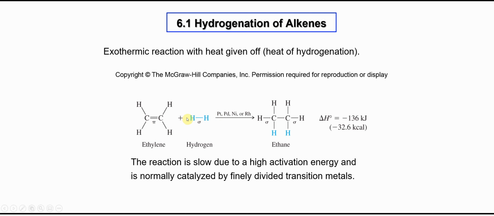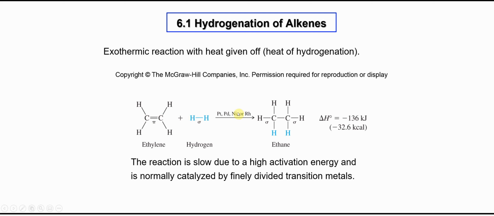If you add hydrogen molecules, you are going to form sigma bonds. Under a catalyst, particularly different metals, you are going to add one hydrogen to one of the double bonded carbons, another hydrogen atom to the other double bonded carbon.